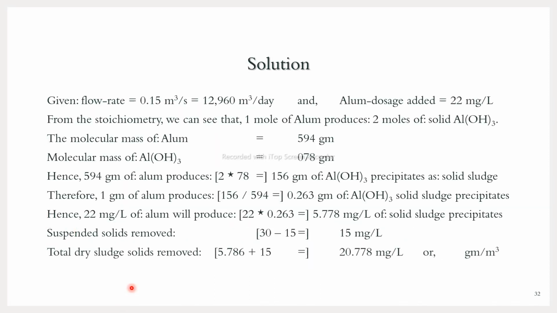So now the total dry solid that was removed is basically 5.778 milligram per liter plus 15, also milligram per liter. So by adding you got 20.778 milligram per liter or gram per meter cube. These two units, milligram per liter and gram per meter cube, are the same.